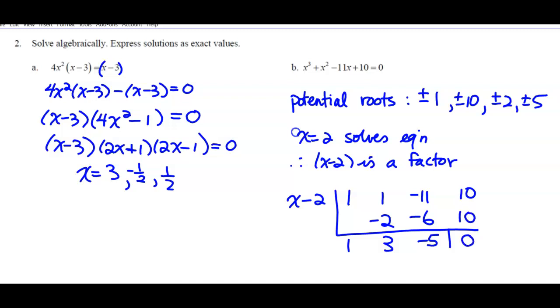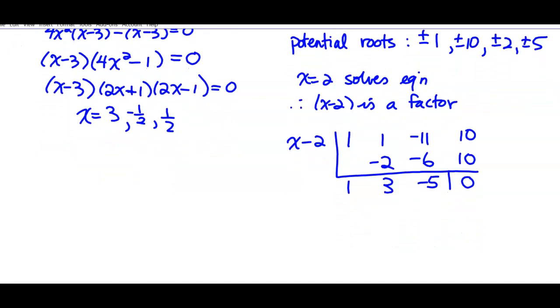Okay, if you did not choose the correct number, you won't get 0. So go back to your graph if you don't get 0, or check your synthetic division. So now I'm going to show it in factored form as the equation, not just the expression. Okay, so you need the equal 0.